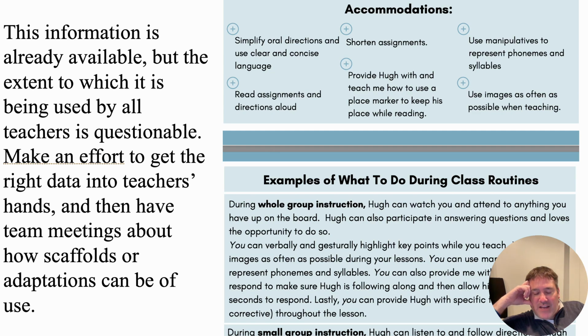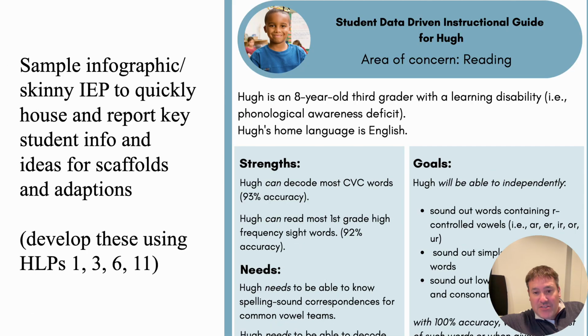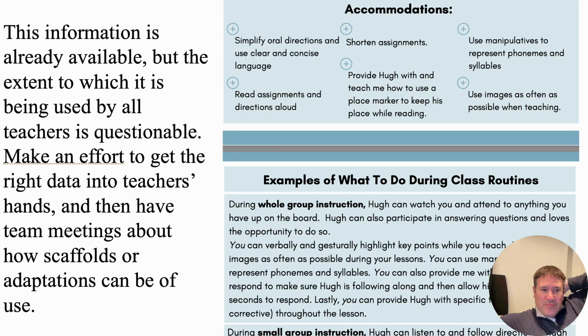They've got information about their student's accommodations, what kind of instruction works well for them, their strengths, their goals, their needs. If I create infographics like this and give them to teachers, that's going to help me and my teaching staff keep the eye on the ball for what is super needed for them.